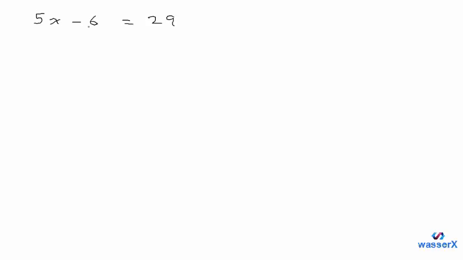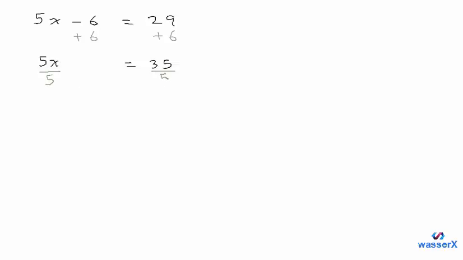And to do that, you obviously want to get rid of this minus 6 by adding 6 to both sides. So we have 5x minus 6 plus 6, which is 0, or 5x is equal to 29 plus 6. And that's 35. And x is nothing but 5x divided by, or over, 5.